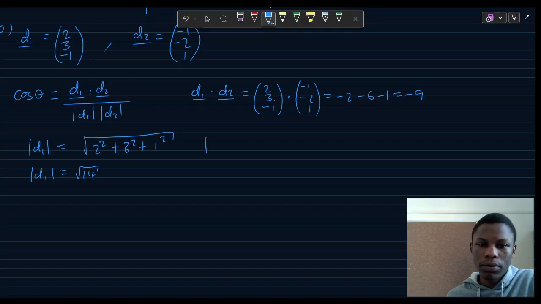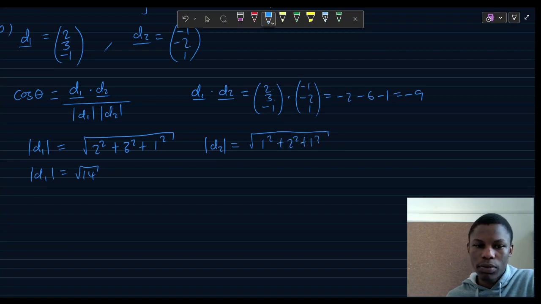And then for D2, this is going to be the square root of 1 squared plus 2 squared plus 1 squared. So that's 1 plus 4, which is 5 plus 1, root 6.